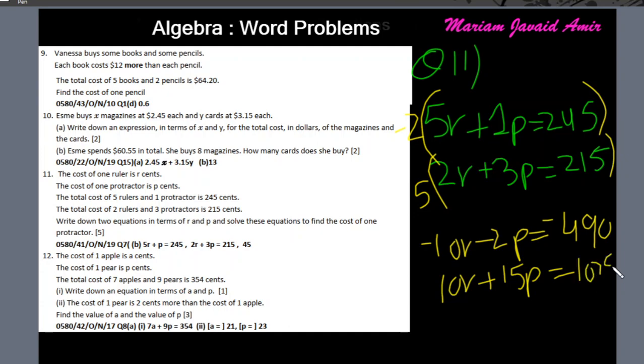Now add these equations and we get 0r plus 13p equals 1075 minus 490 equals 585. P equals 585 divided by 13 equals 45.